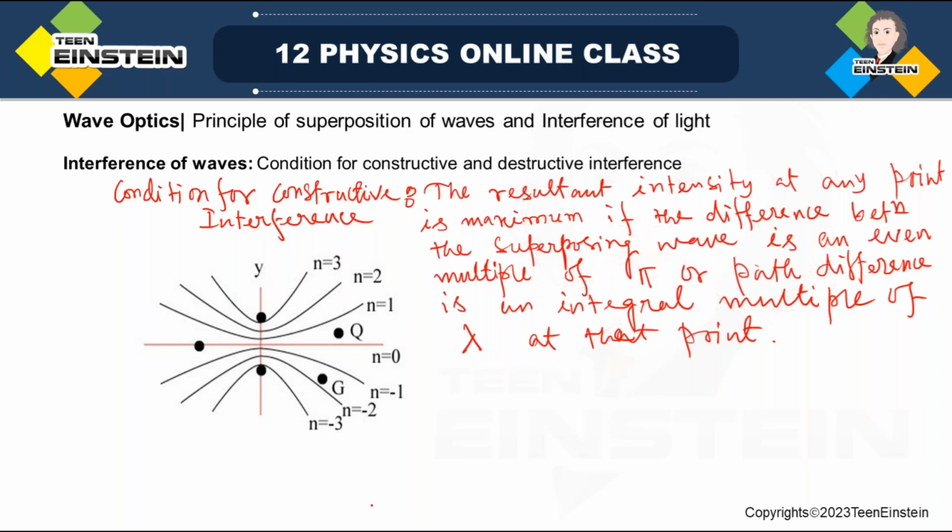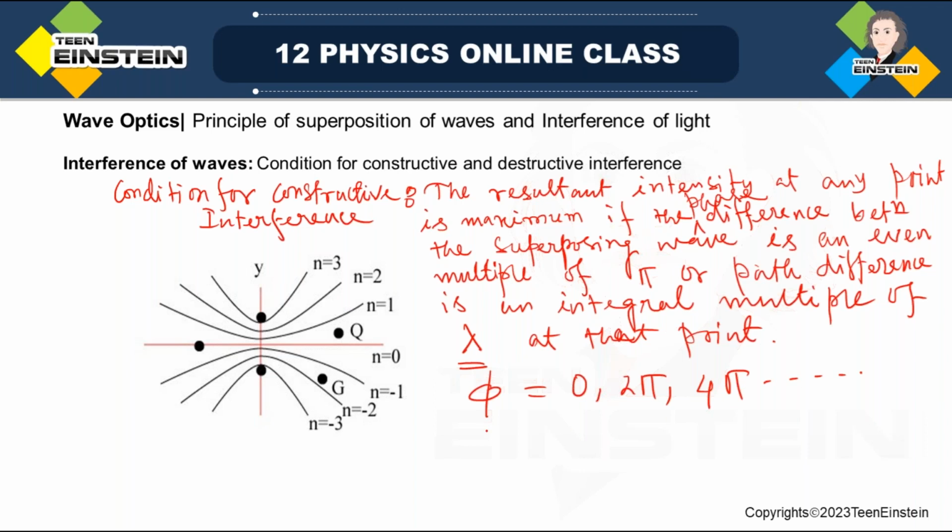The resultant intensity at any point is maximum if the phase difference between the superposing waves is an even multiple of pi, or the path difference is an integral multiple of lambda. That means phi must be 0 or 2 pi or 4 pi, etc.